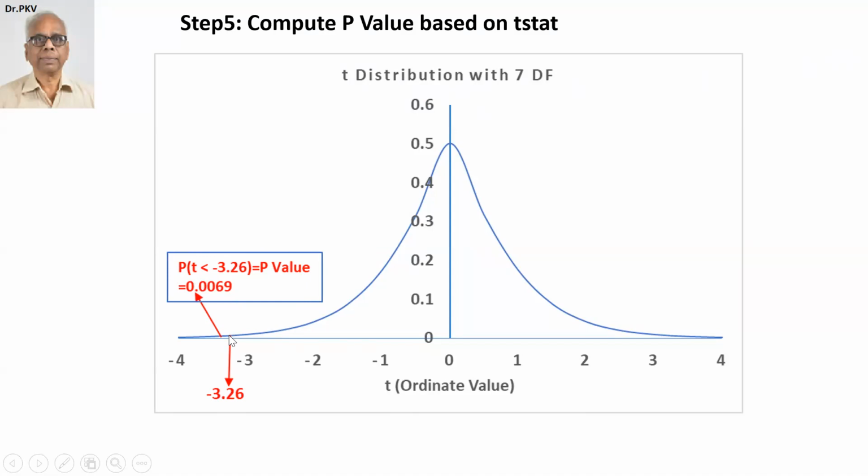Substitute the ordinate value minus 3.26, the degrees of freedom, you put 7, and you get the answer here. You will also have to put in the Excel function 1 to represent cumulative probability. So I have got the value 0.0069, the probability t less than minus 3.26, which is the p-value.